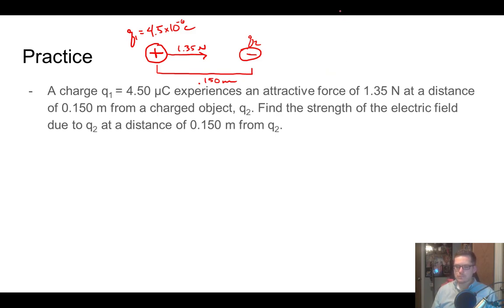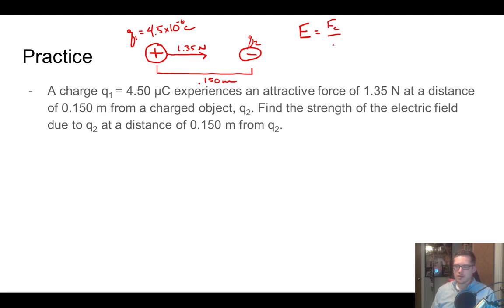All right, so what can we do to solve this? Well, we've got two formulas to find our electric field. All right, so our E would be equal to, and in this case, because we know the force and this charge here, we can just use the first one, right? That'd be the easiest one to use.